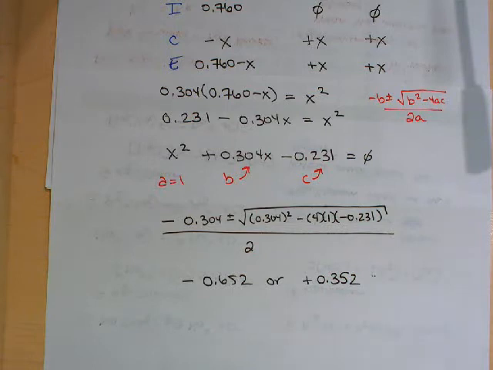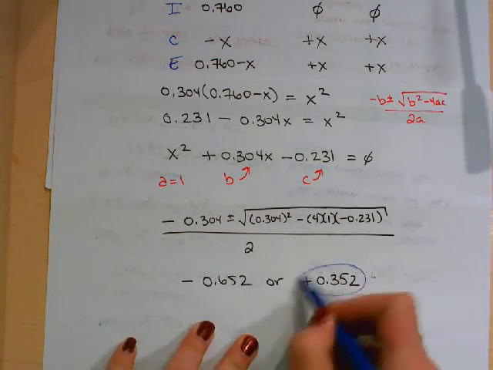Alright, so I get those as my two possible answers. Which one of these two is the correct one to choose? The positive one, right? Because what units would this be in? Molarity, right? So you can't have a negative molarity, so that looks good.